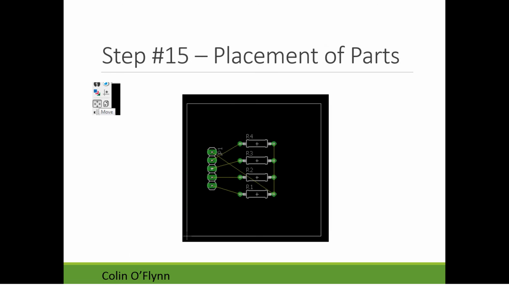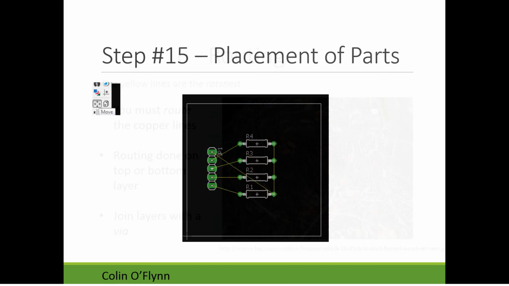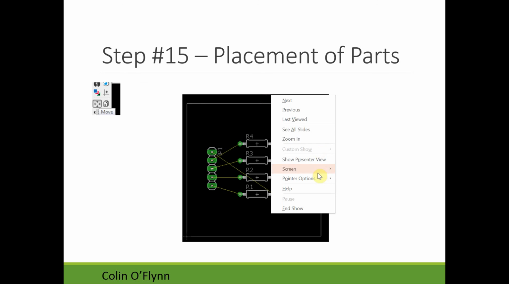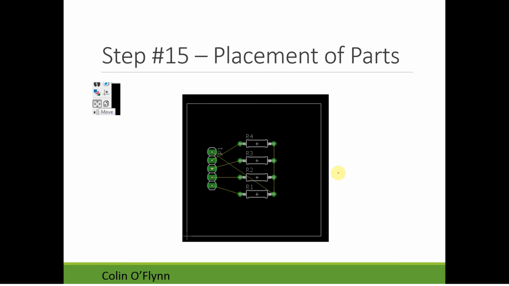You can then use the move command, or type move, to move the parts somewhere they look nice. Those yellow lines are part of what's called the rat's nest or air wires. They're just showing you that eventually you have to electrically connect this pin to this pin, and it's just doing a straight line.